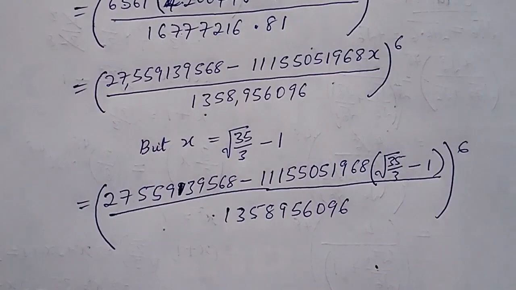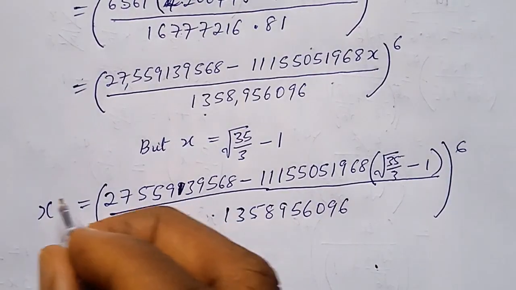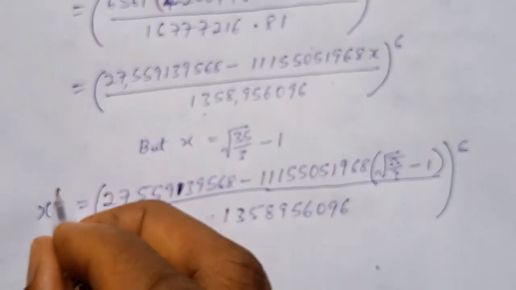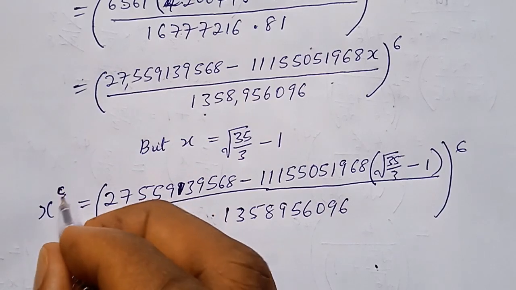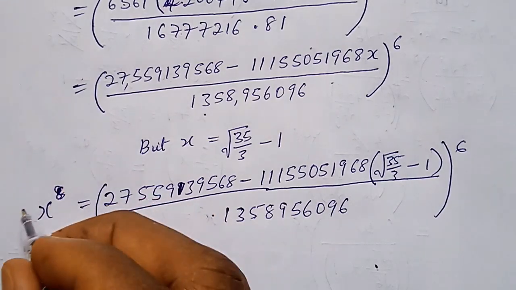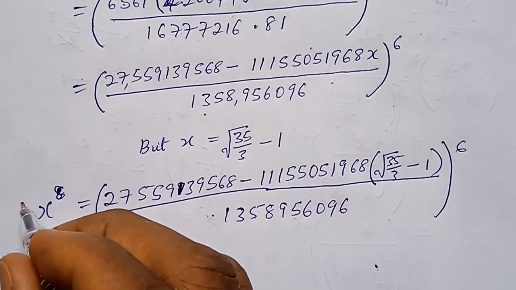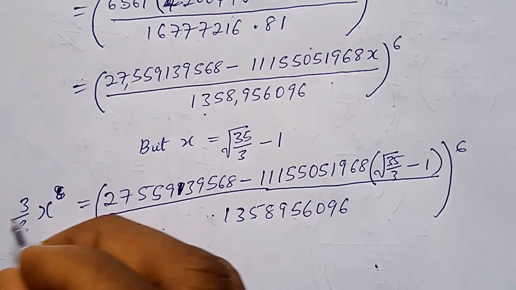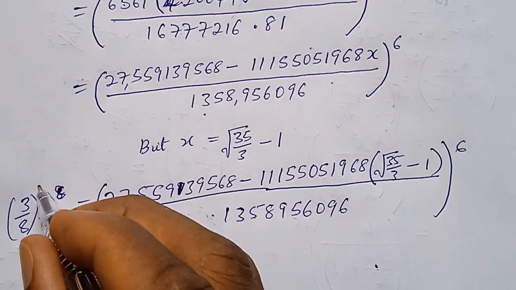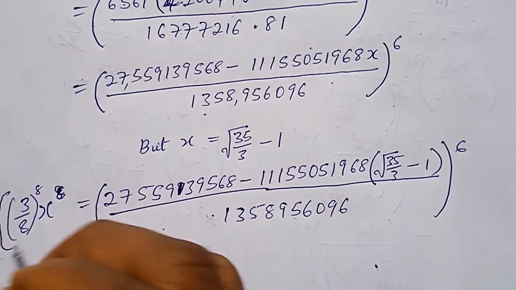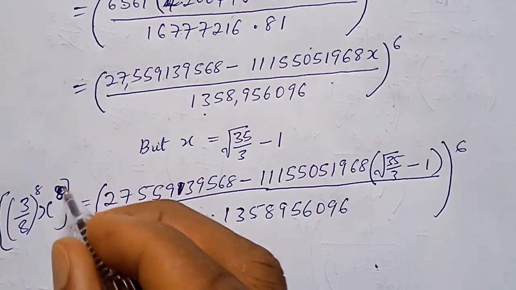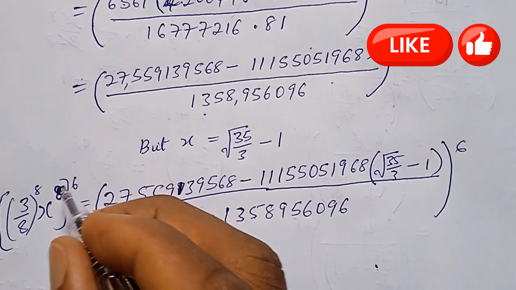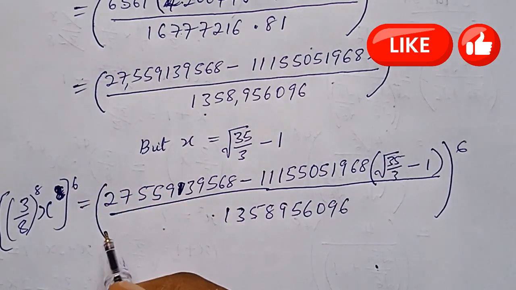So we are coming closer to the answer. So this is x raised to power 8 multiplied by 3 over 8 raised to power 8. Okay, this is the value, everything raised to power 6.